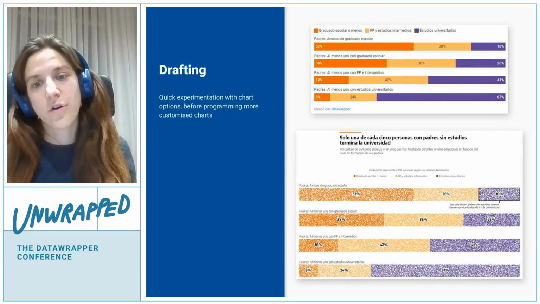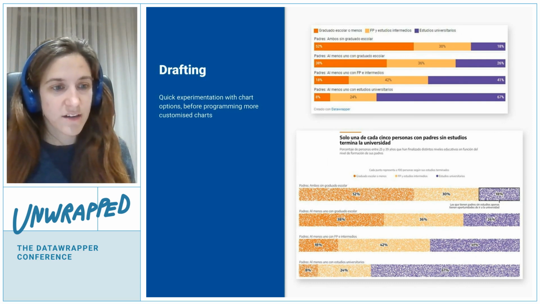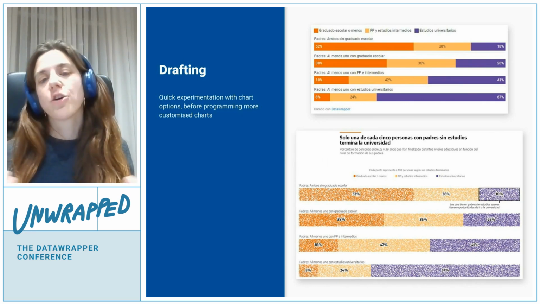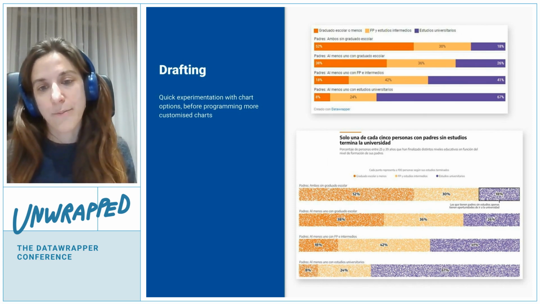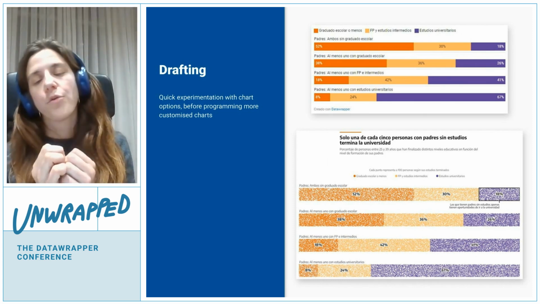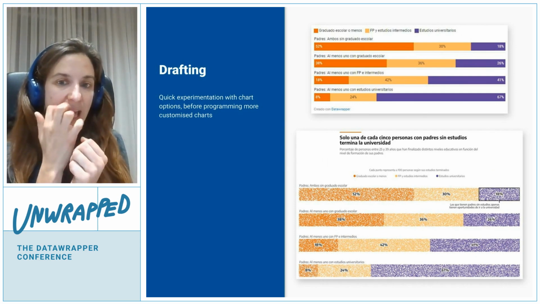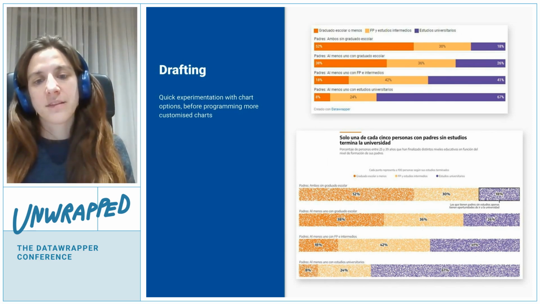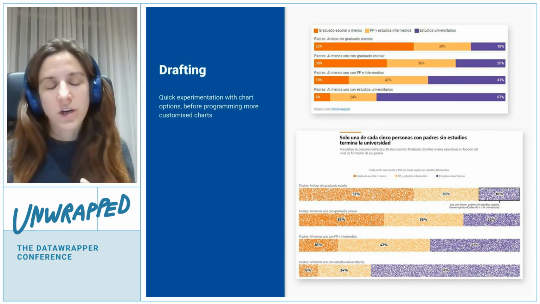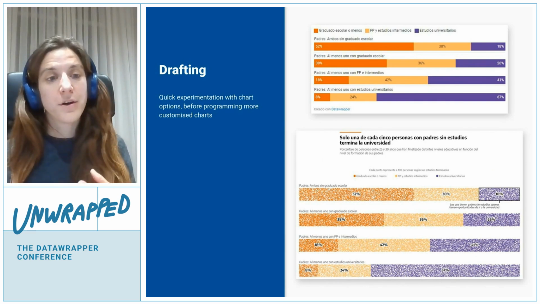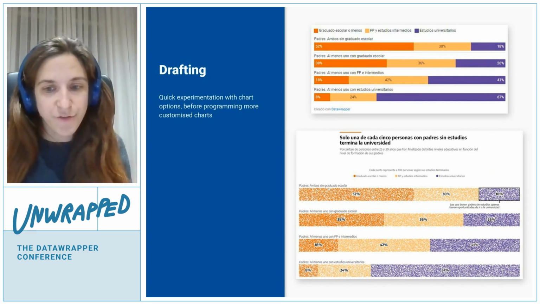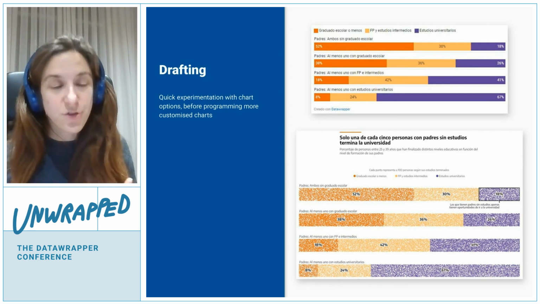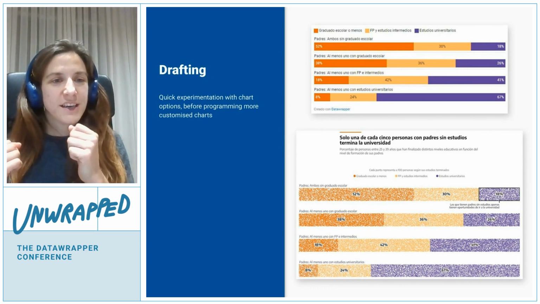Also, another occasion we use Datawrapper is for drafting. As I said before, maybe not all the time we use Datawrapper because we want some more specific charts, or we want to give them a style that we've worked on before. But before making the effort of coding this new chart, maybe we use Datawrapper.